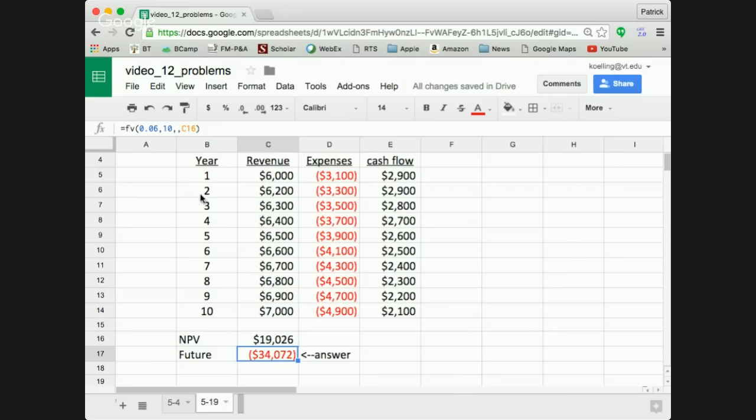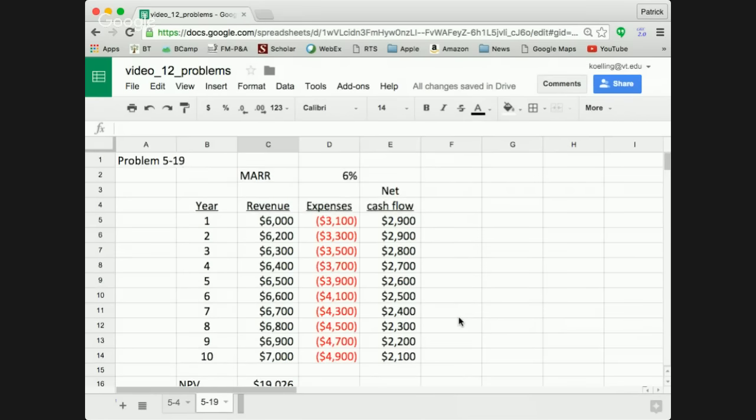I did not put the negative sign in front of the present value like I should have. And there we go. So the future worth, the answer to problem 5-19, the future worth of VD's investments at 6% MARR is $34,072. And that's it.